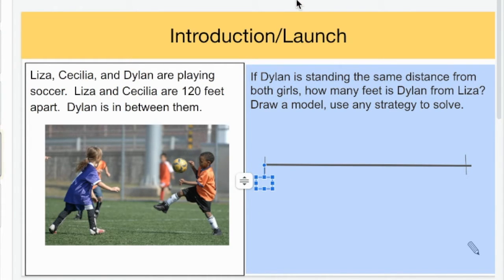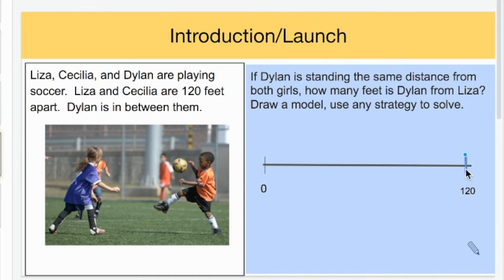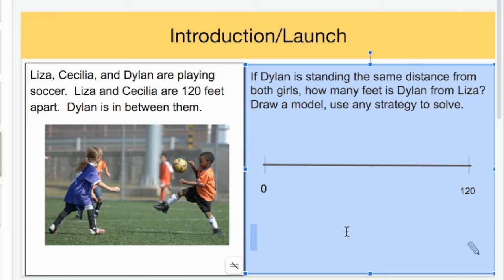So the first number here, I am going to type 0. And then here I am going to type 120. Let me fix that. Okay, now I'm going to straighten this line out as well. All right, we have our number line from 0 to 120.